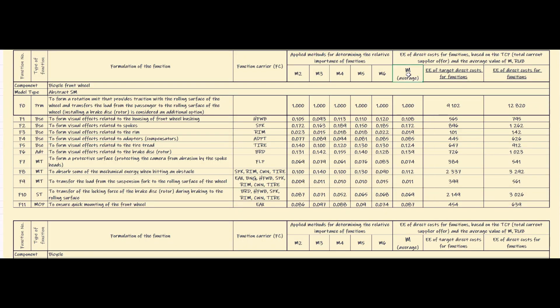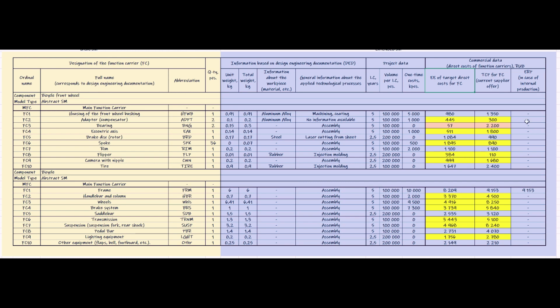Therefore, for the abstract functional model of the object of analysis bicycle, due to the fact that one carrier corresponds to one function, filling in the column expert value of target direct costs for functional carrier has a simpler logic. Step 1.